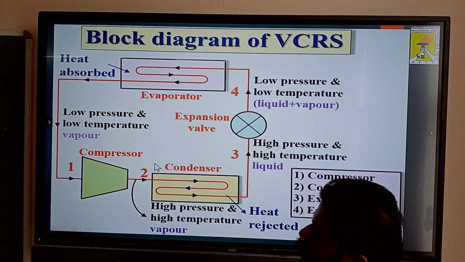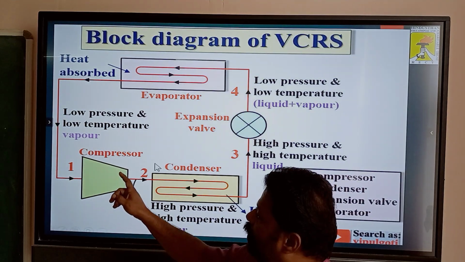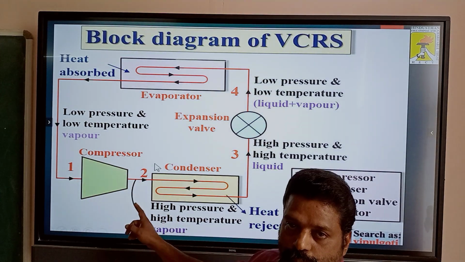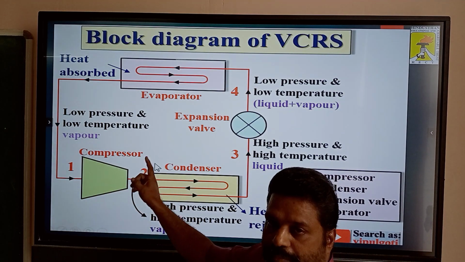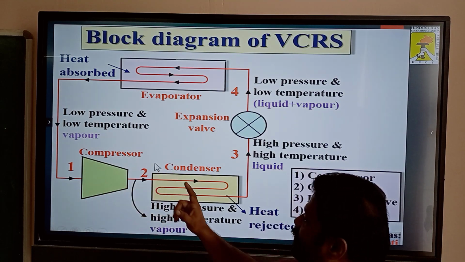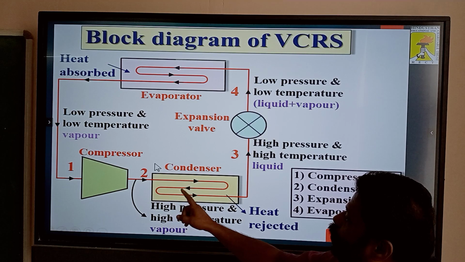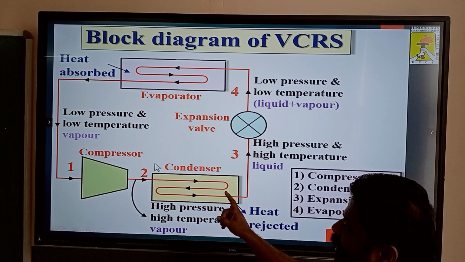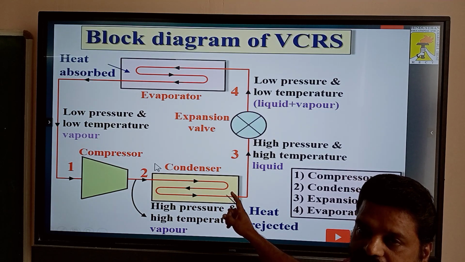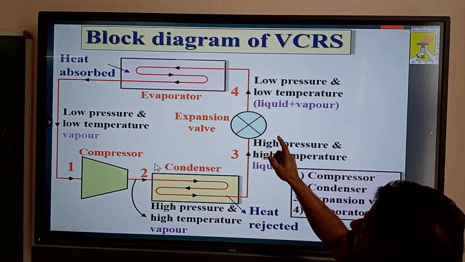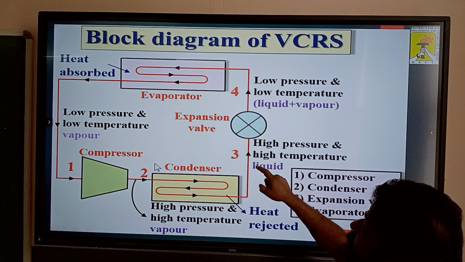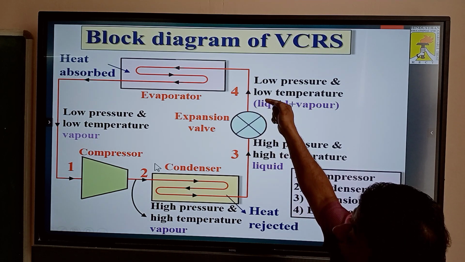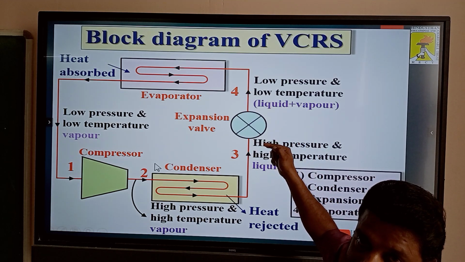The first component is the compressor, process 1 to 2. The second process, 2 to 3, is for the condenser. The third one, process 3 to 4, is the expansion valve.